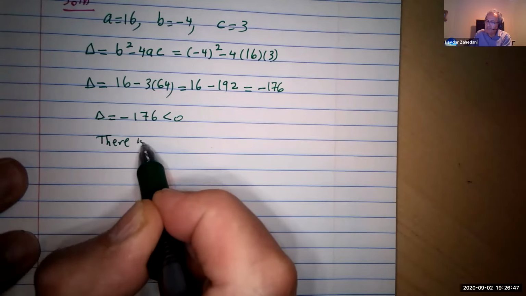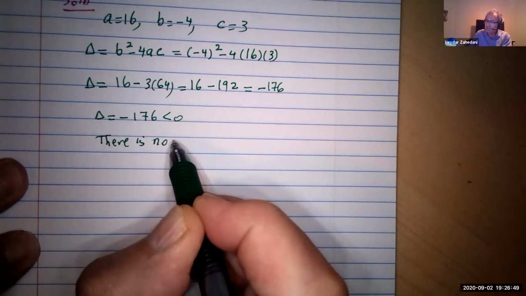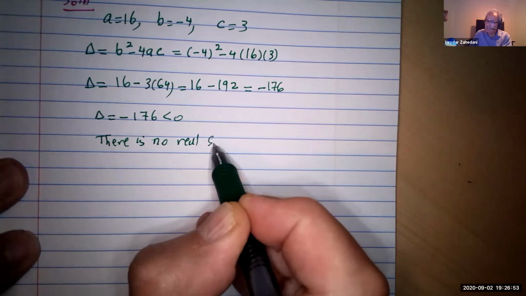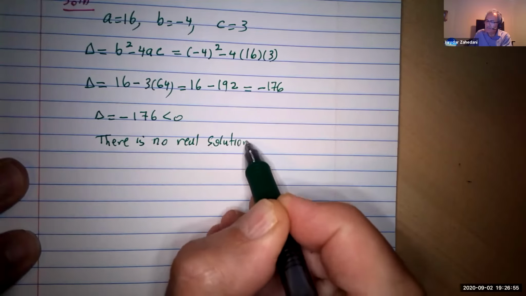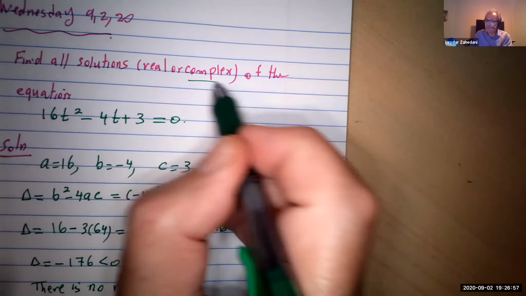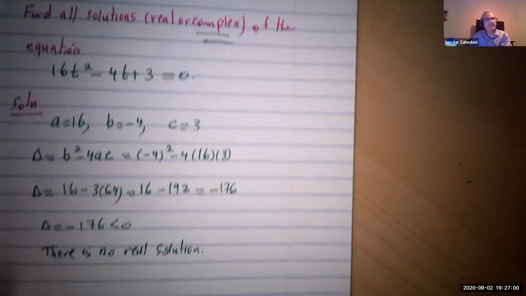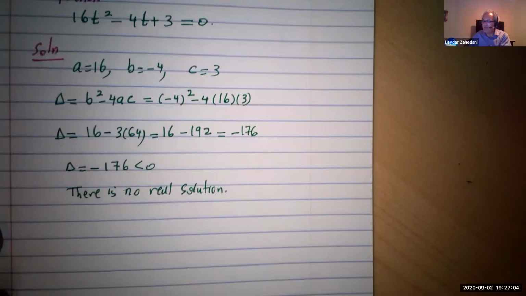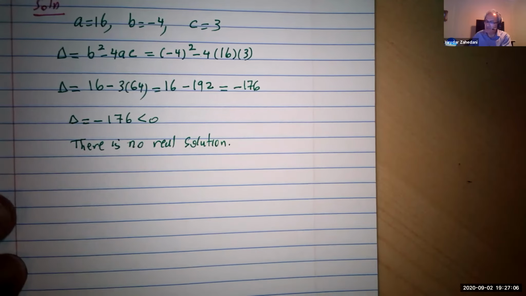Since they say all, real or complex, you have to continue to get the complex solutions. If they didn't say this, you would stop.